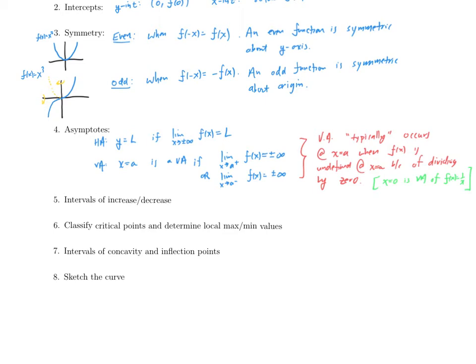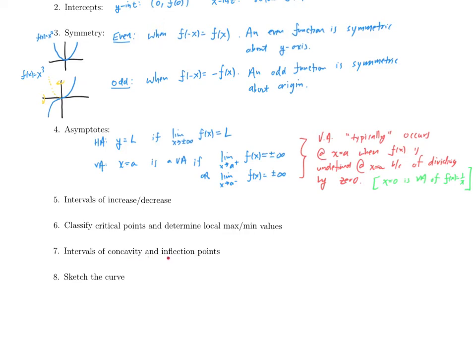So simultaneously, you should also be able to classify critical points as local maxes and mins, but more specifically, you will also want to determine what are the points that are going to lie on your graph. Because when you have x-intercepts, y-intercepts, locations of maxes and mins, all of a sudden we can give a fairly accurate sketch of our graph.